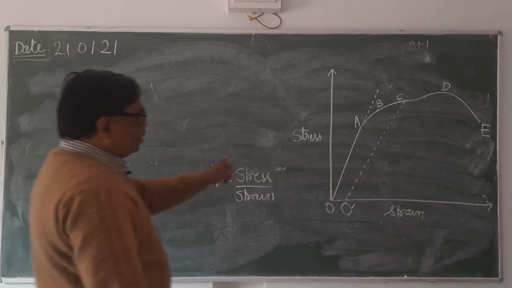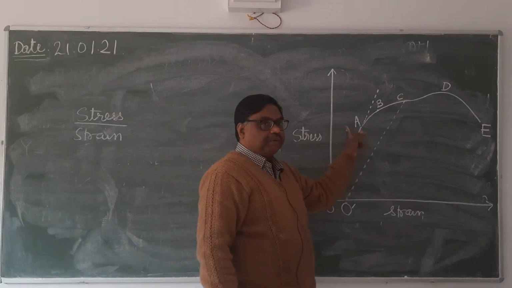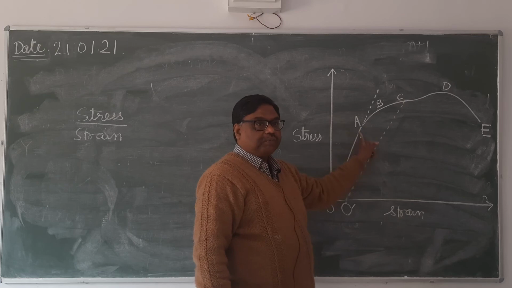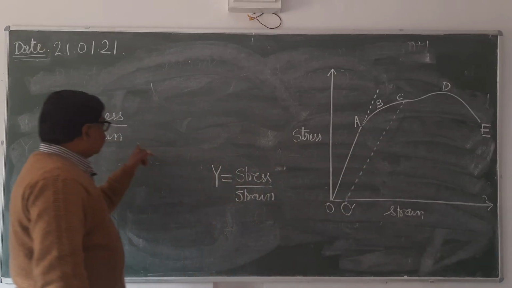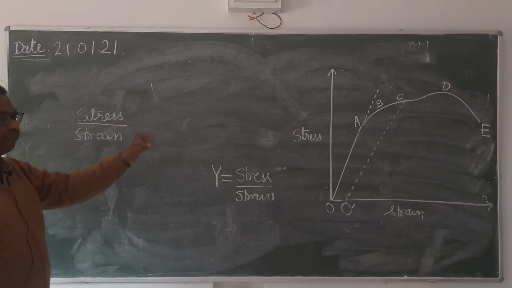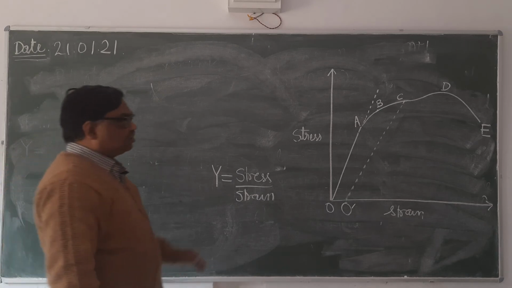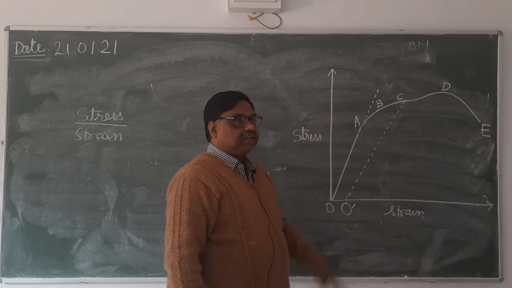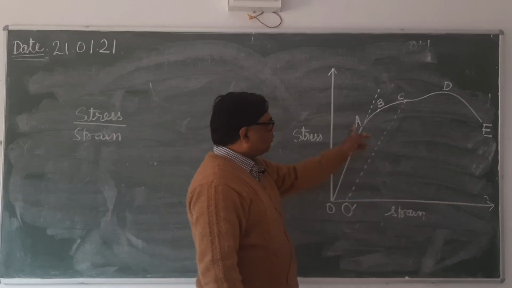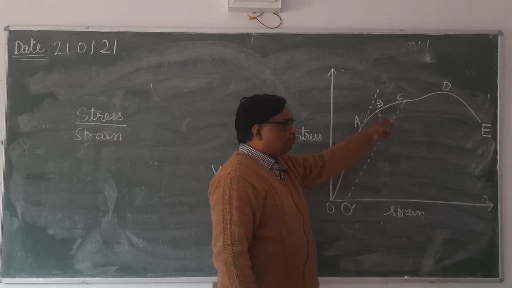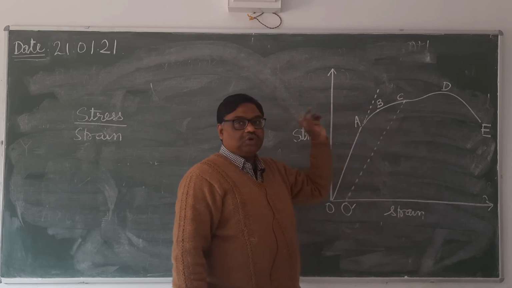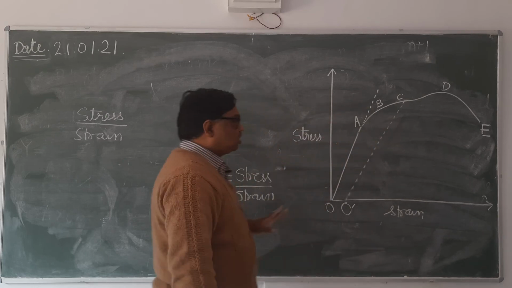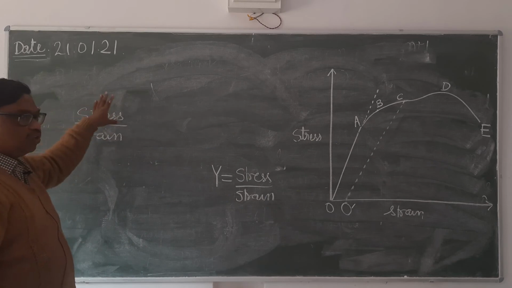Proportionality is holding up to the point A, which means this ratio is constant up to the point A. Elasticity exists beyond that. Elasticity उसके आगे तक exist करती है. Means after A and up to B, proportionality doesn't exist. Proportionality doesn't exist means इसका ratio change होने लगेगा.